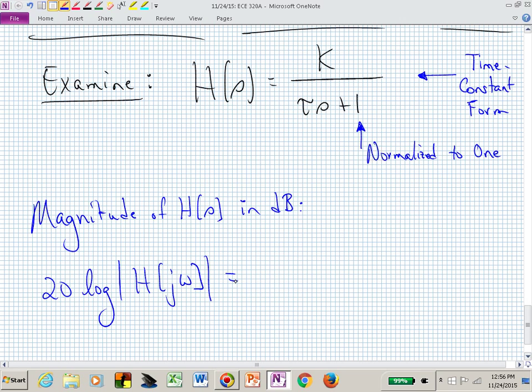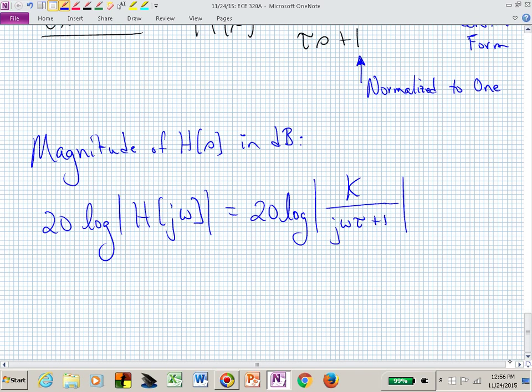Now that I have it written that way, I can say, okay, that's 20 times the log of the magnitude of k, and now I have j omega tau plus 1. But what did we say we could do when we have the log of a fraction or of a product?